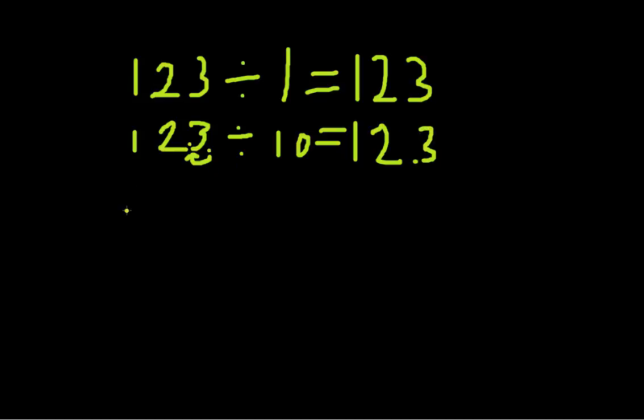Now for 123 divided by 100. That would equal, since there are two zeros and the decimal point is right here, we're going to move it down 2 spaces.